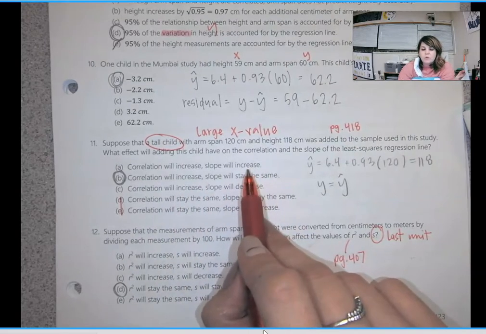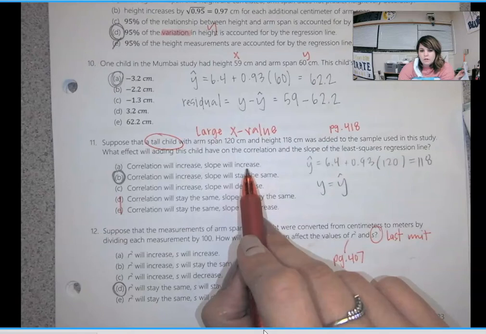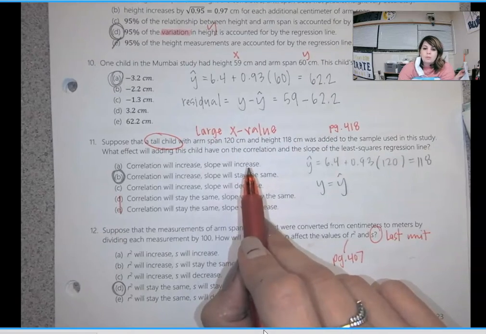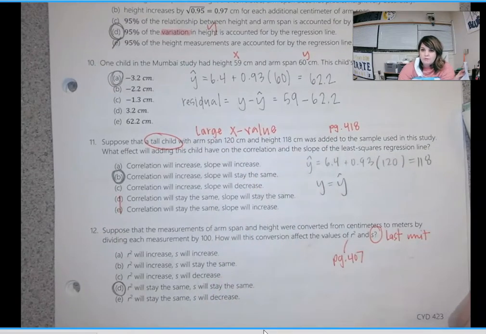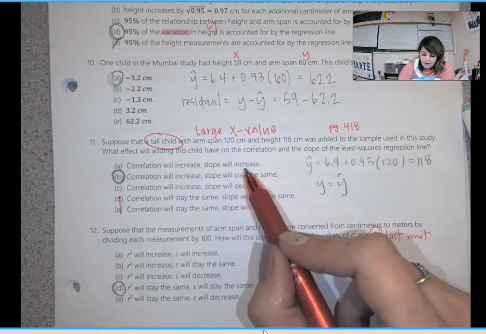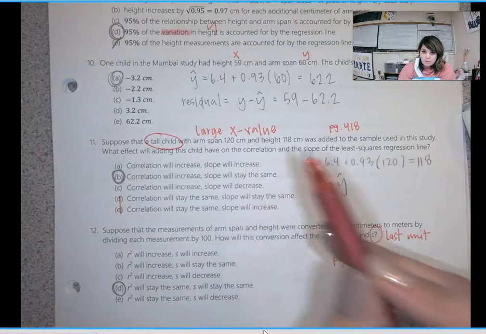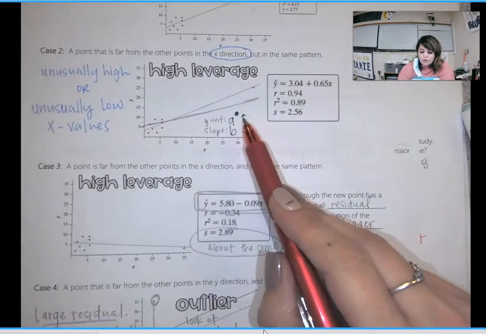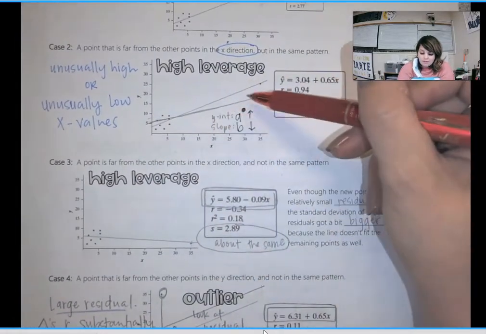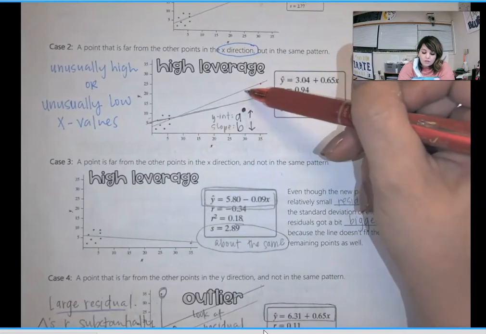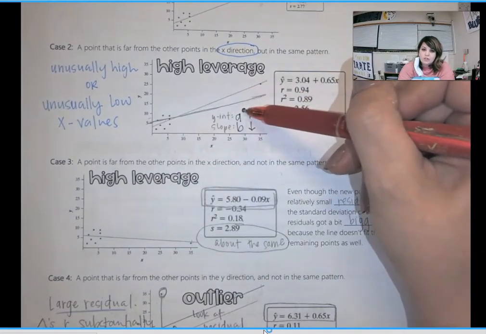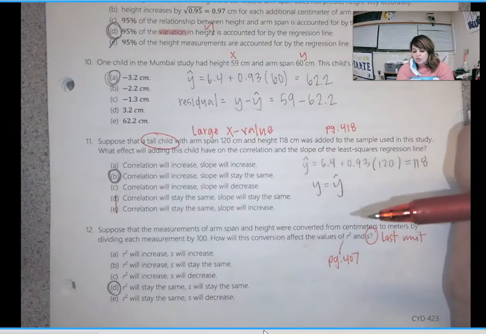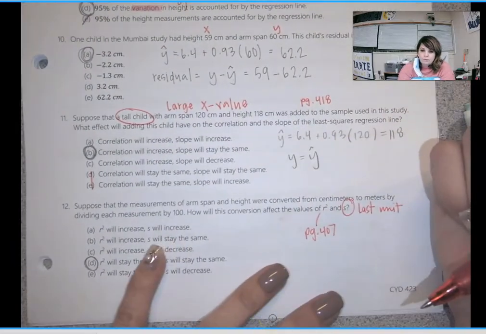But then the next one wants to know about slope, which means we should probably figure out how far away from the line this point is. To figure out what happens to slope, based on what I know from influential points, I need to figure out how far away this new point is from my regression line, which means I should find the residual.